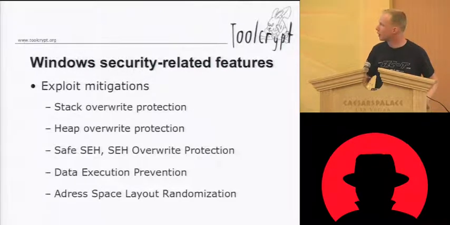Right, no more about that. Let's get to exploit mitigations. Since the Trustworthy Computing memo of Bill Gates back in 2002, I think it was, Microsoft have worked very hard at both improving the security of their code, but also improving the resilience to exploitation.